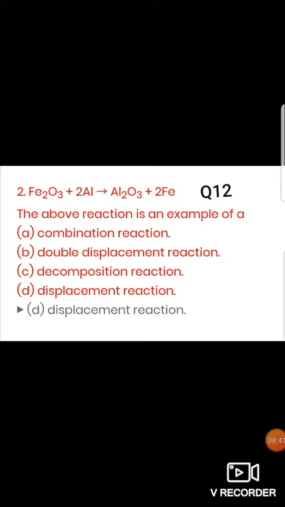In earlier reactions we saw that iron displaces copper, but here aluminium is stronger than iron, where aluminium is displacing iron. So the strongest element we found is aluminium. So it is a displacement reaction where aluminium is displacing iron.